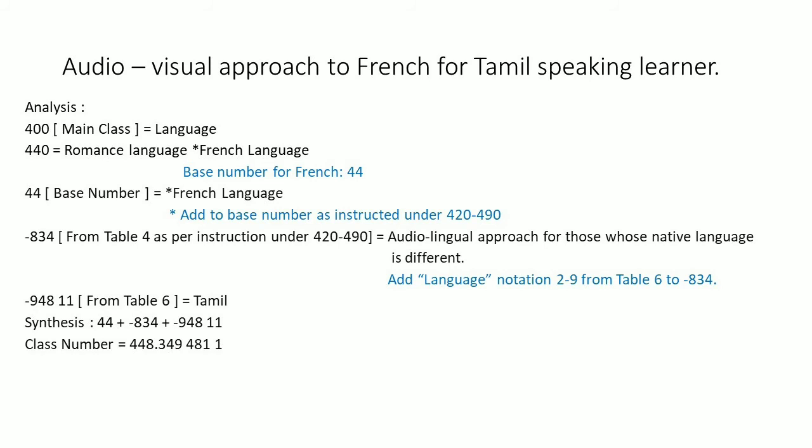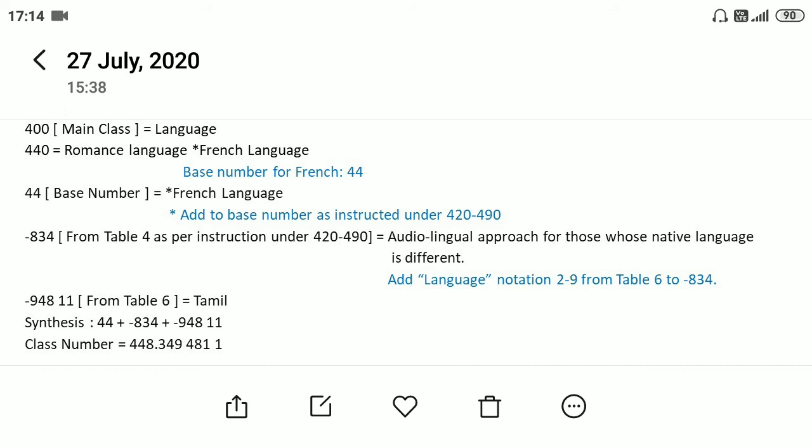Here you have to mind that there are rules for writing the class number. After synthesizing, whenever we write the class number, after the first 3 digits, here 448, we have to give a dot.